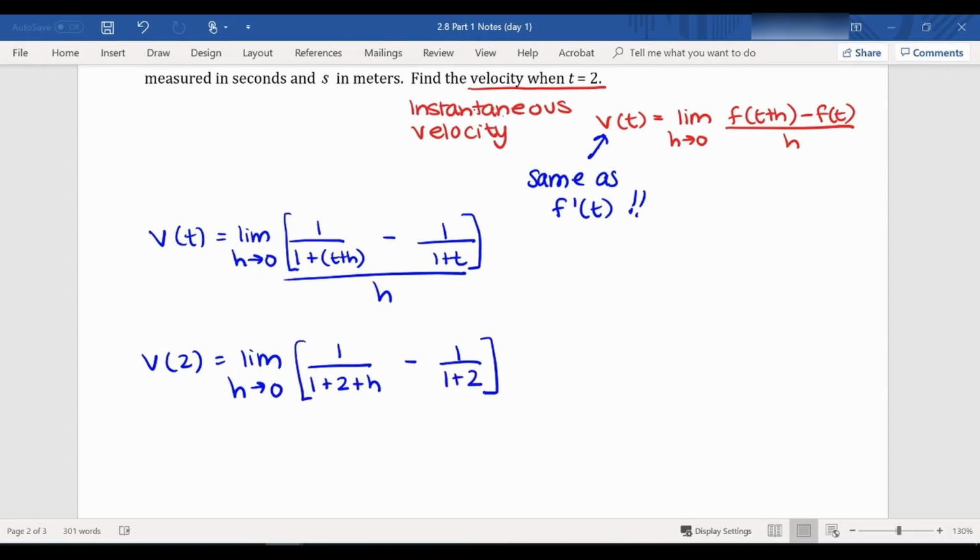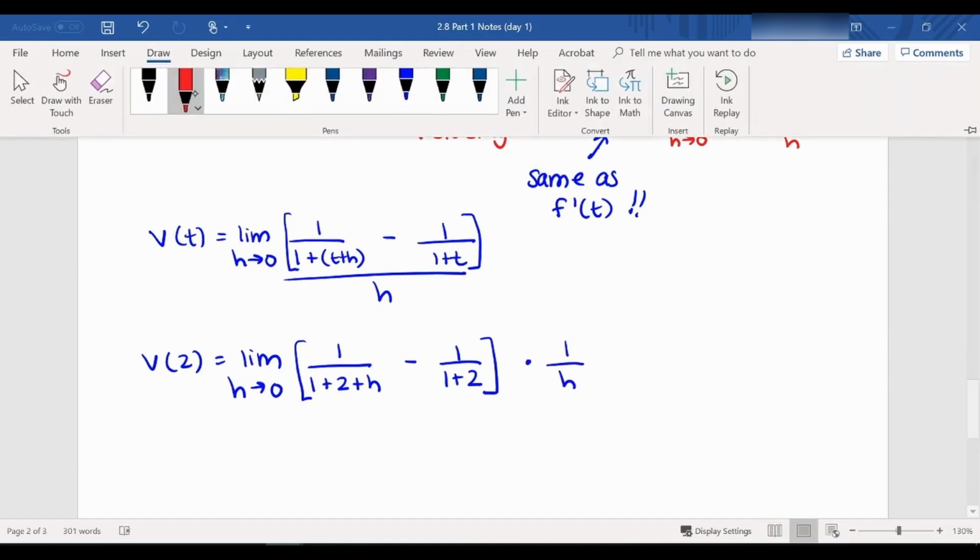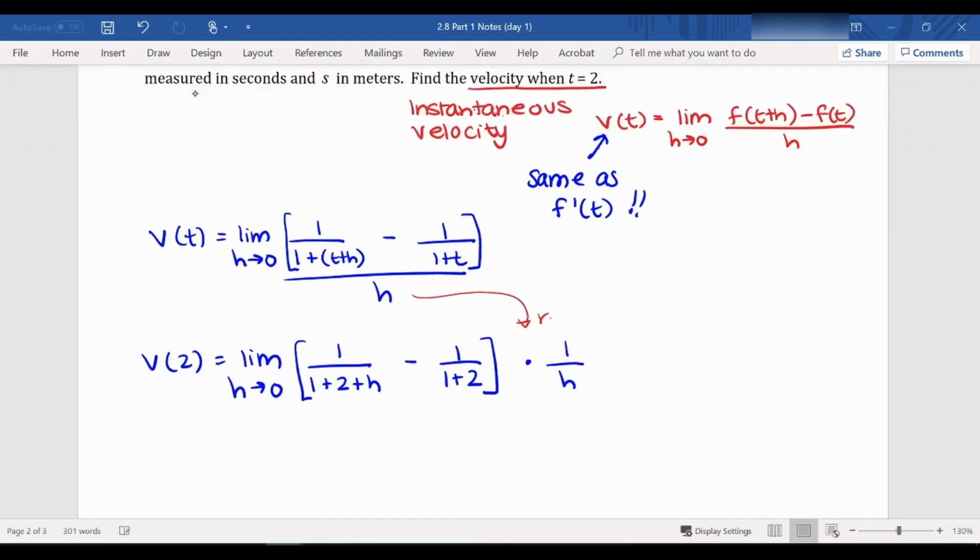I'm going to rewrite this instead of divided by h. I'm going to write this as 1 over h. Okay, and I've plugged a 2 in.